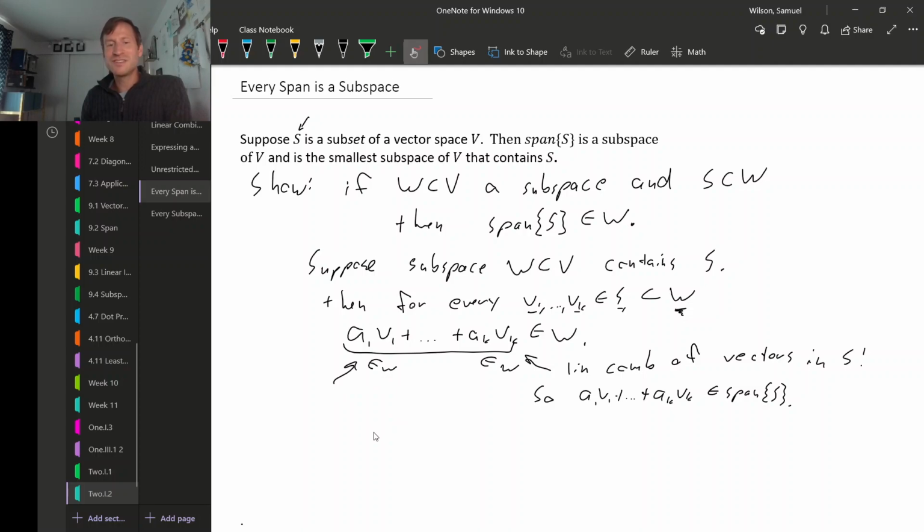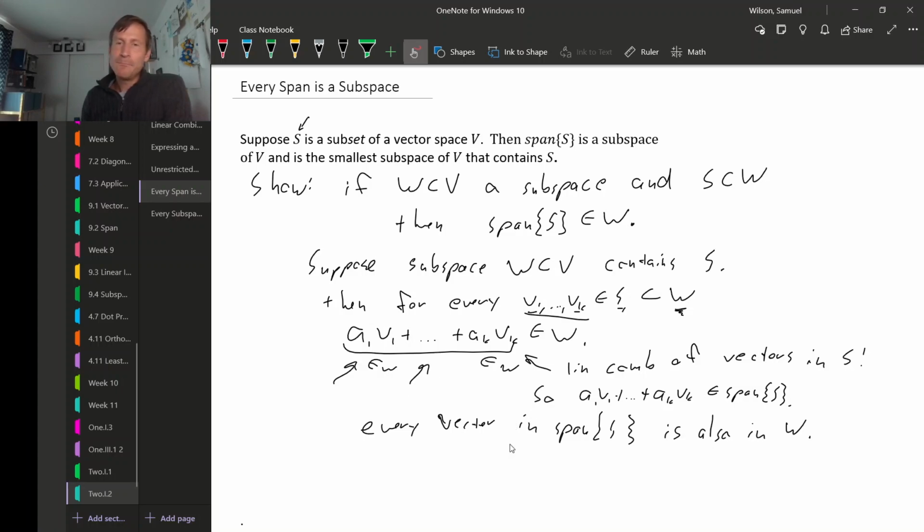So what we've shown is that every vector in the span of S is also in W. I guess that's what I should have done to begin with. Rather than taking these vectors, I should have taken this linear combination and then shown that it's in W.